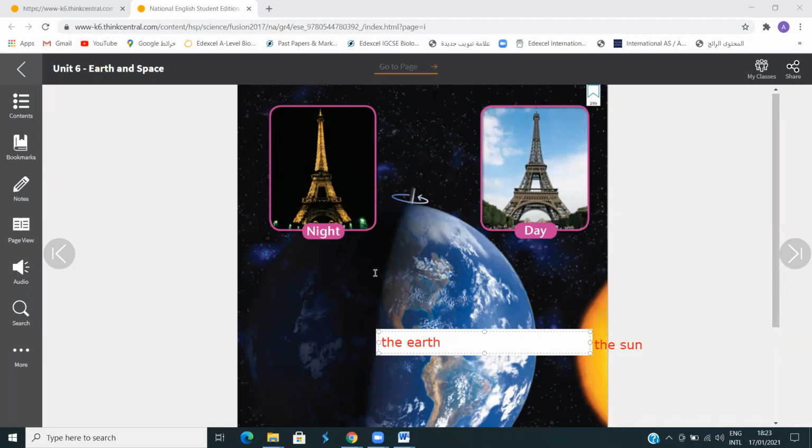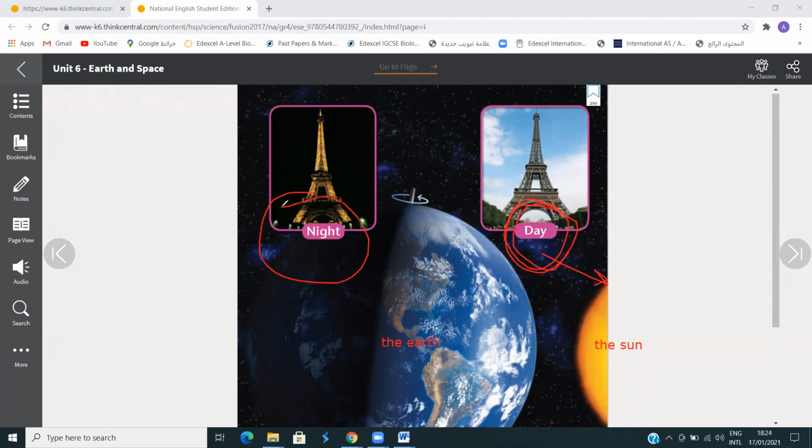The Earth rotates around the sun. The side of the Earth which faces the sun is the day. And the side of the Earth which moves away from the sun, that is the night.